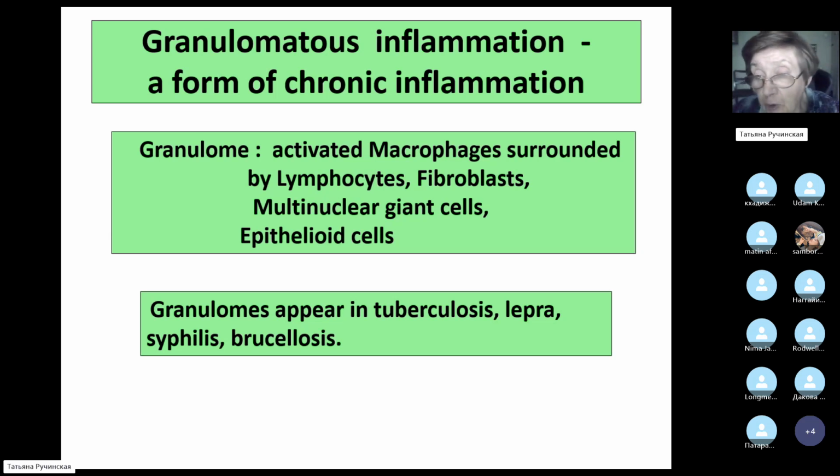So there will be activated macrophages, surrounded by lymphocytes and fibroblasts, and inside there are multinucleated giant cells and epithelioid cells.